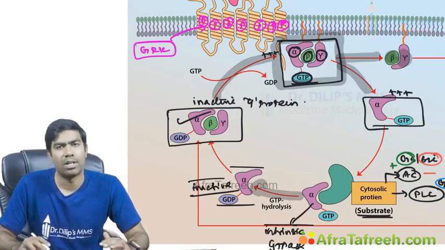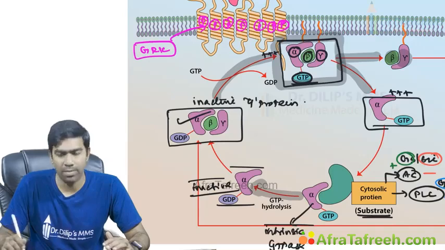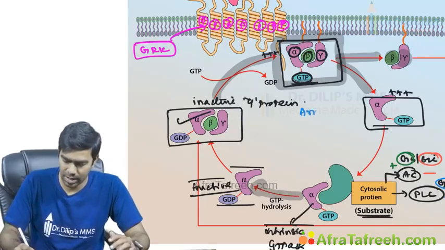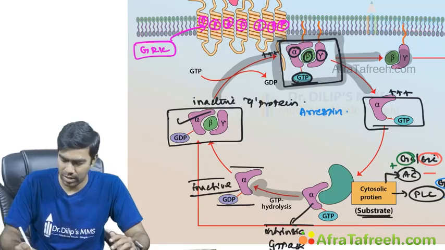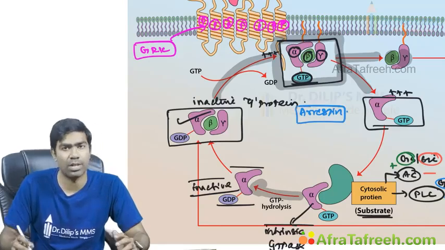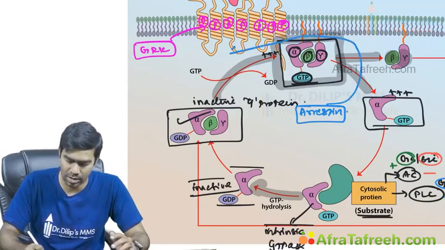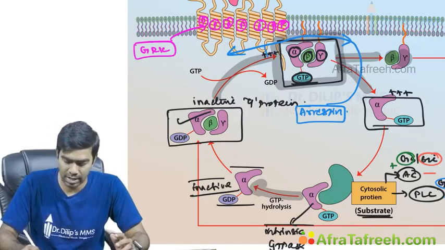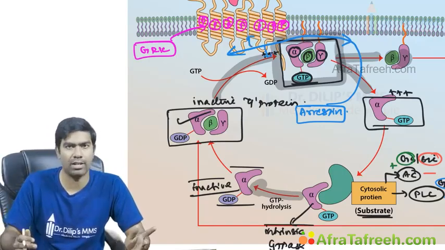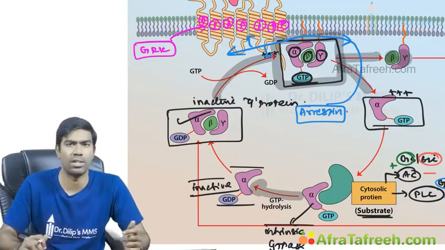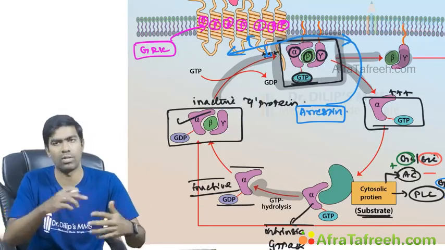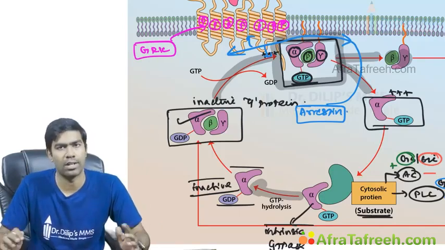Once the transmembrane receptor is phosphorylated, that will be identified by another protein called arrestin. The arrestin protein will block the communication of the receptor with the G protein. They detach the inactive G protein from the receptor, and both cannot be bound now. So the entire downstream signaling will be affected, and they cannot form any more signaling.